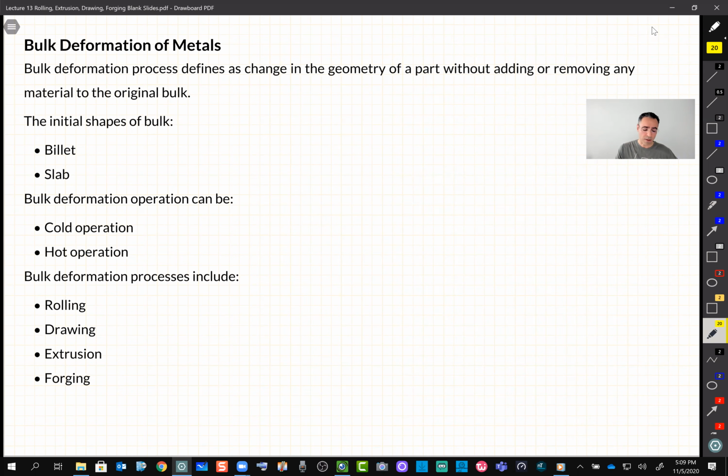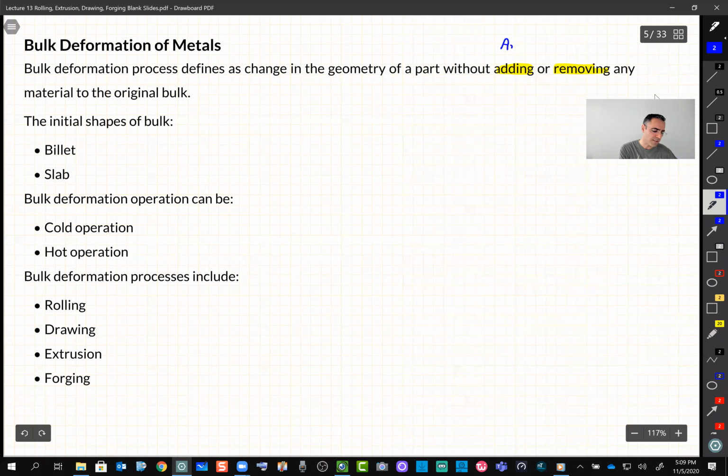Remember, so far, for the manufacturing processes that we learned, we either add things or we remove things. If we are adding things, let's say layer by layer to make something, we call it additive manufacturing, which is the topic of our next lecture, and is an exciting topic because we're going to move away from the traditional manufacturing processes.